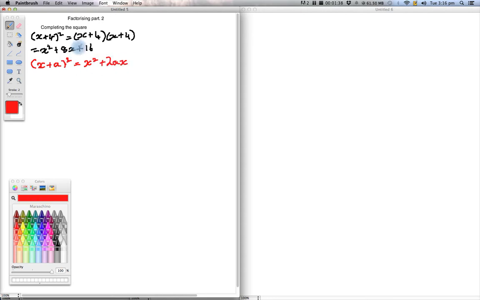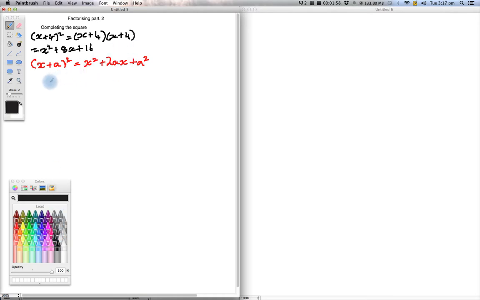And then the last term is a squared. So there we go. So there's our perfect square expansion. And it's basically the same as the last one with the a and the b, except both of them are a. Okay, so that's pretty easy.